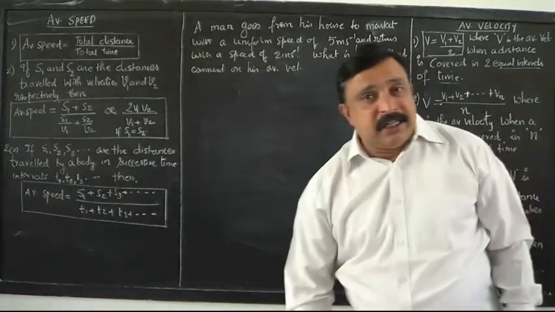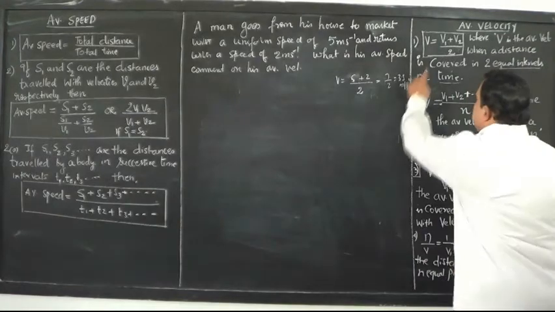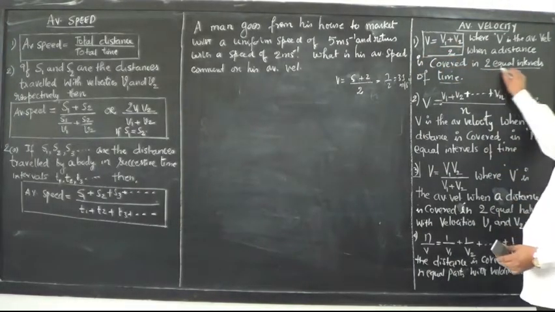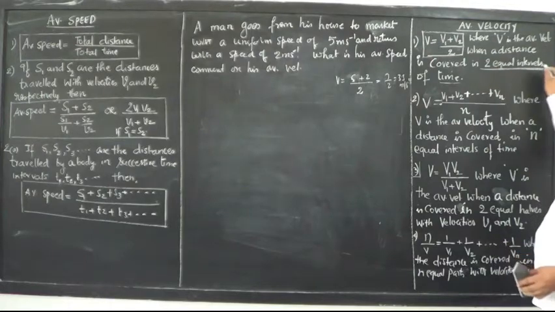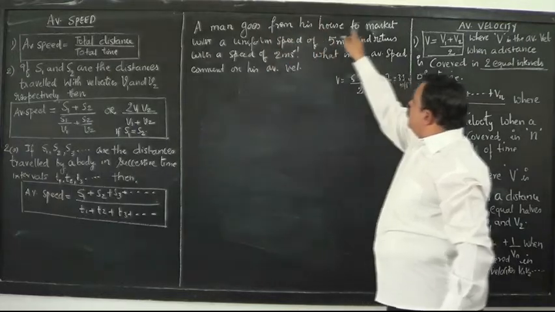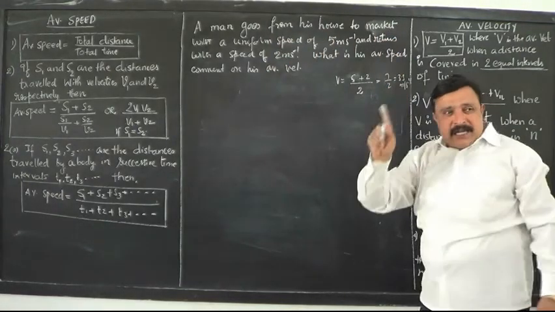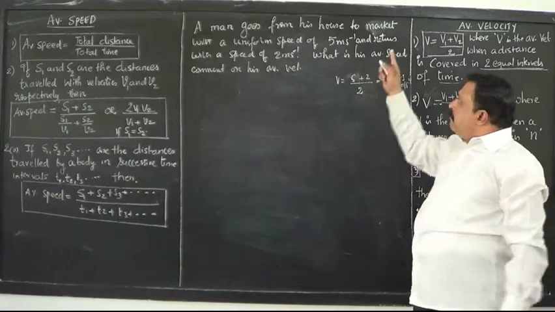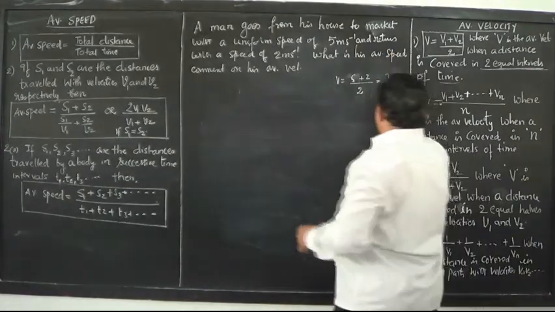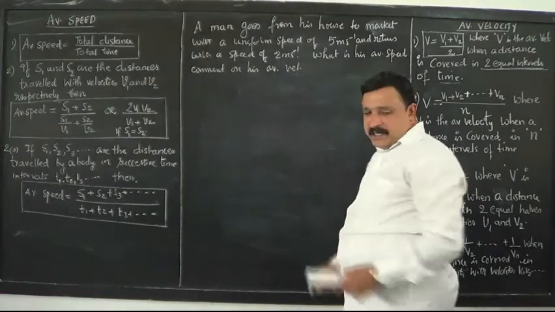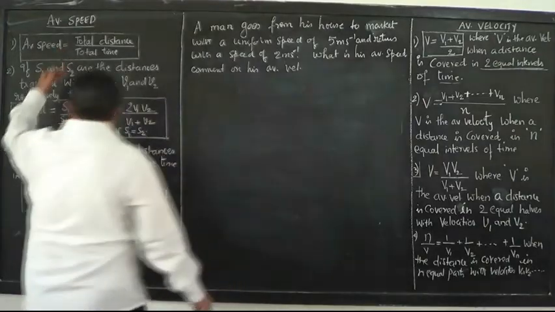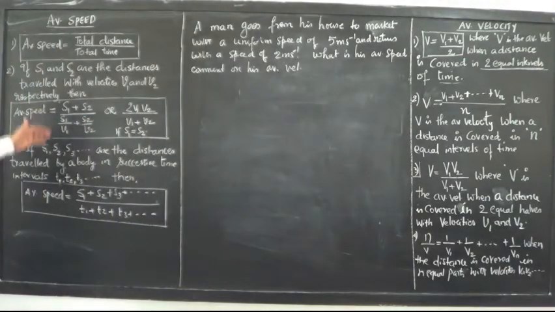Now I said this formula is wrong, because v equals (v1 plus v2) by 2 can be used only when the distance is covered in 2 equal intervals of time. That means how much time he takes to travel from house to market should be the same when he travels from market to house also. So the time must be same. Here he is moving at different speeds, it's not same. Then which of these formulas can be used to calculate his average speed?